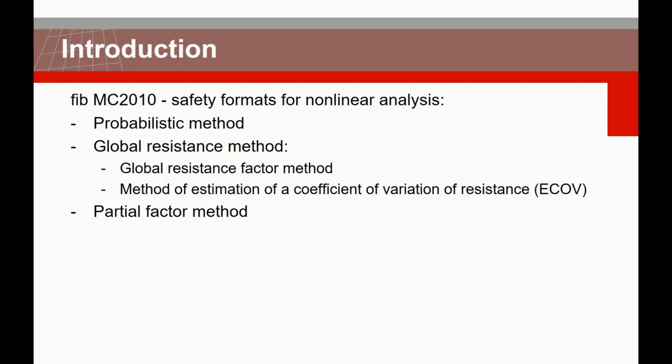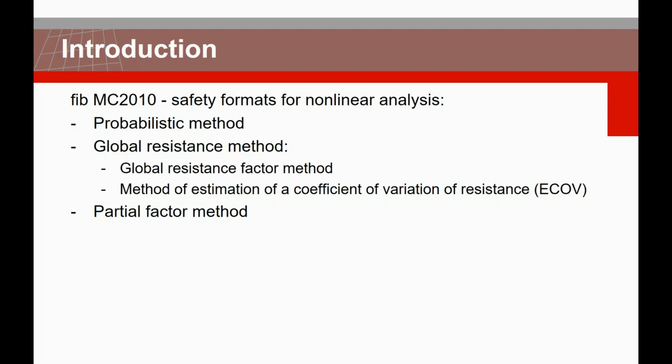Then you do 2 analyses. One is with the mean values, and one is with the characteristic values. Based on the difference in your resistance, so the resistance of your structure with the mean parameters and the resistance with the characteristic parameters, you are able to determine a material factor which will be applied on your resistance.